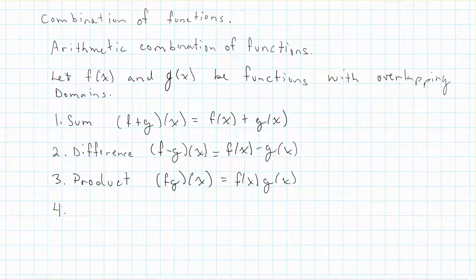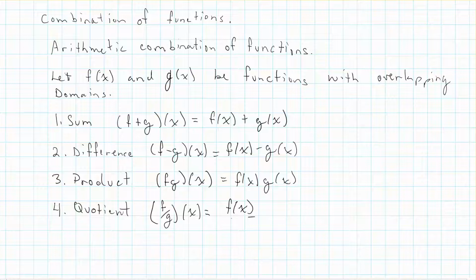And then the last one, of course, is the quotient. And as you guess, we're going to just divide the functions. But there is one additional stipulation we need to put here. This is just equal to f at x over g at x, provided g at x does not equal 0.